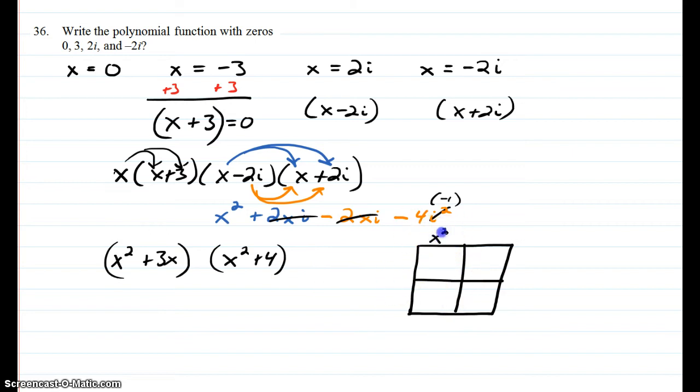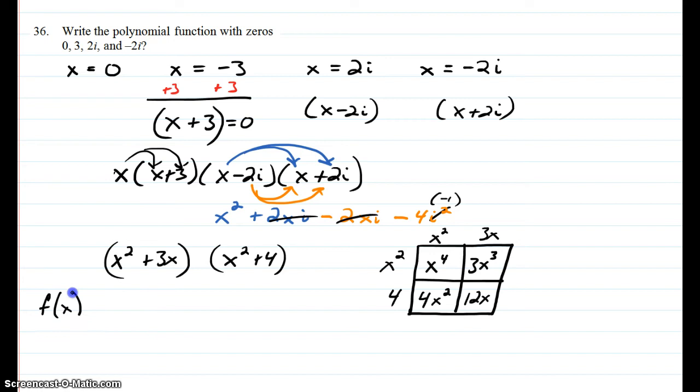So x squared and 3x, x squared, 4. So now multiply them together. x squared and x squared makes x to the 4th. x squared times 3x gives us 3x cubed. 4 times x squared gives us 4x squared. And then 4 times 3x gives us 12x. So you'll notice there's no common terms, so we're just going to rewrite it.